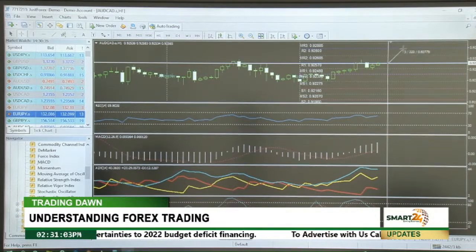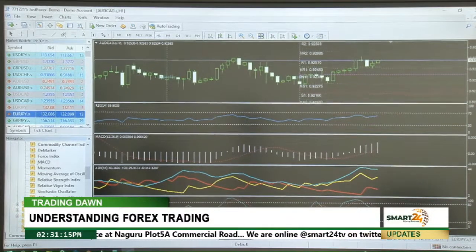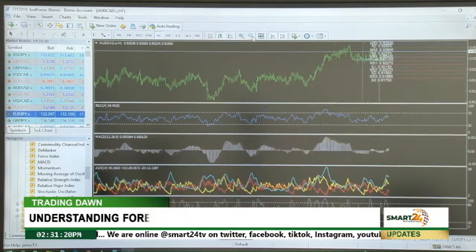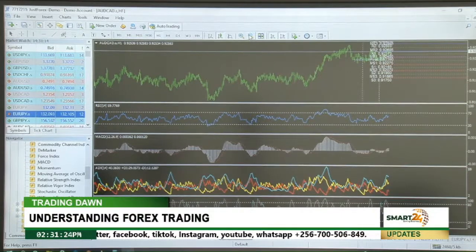Then to resistance 2, about 20 safe pips. So we just wait for the price to break above there. It looks like the trend is bullish, maybe.